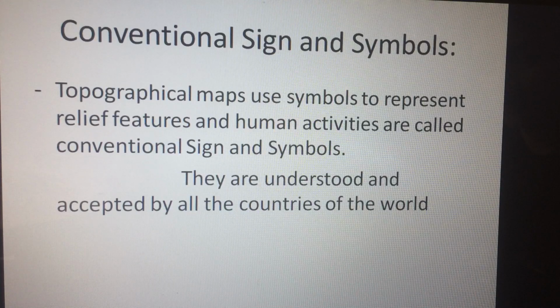Topographical maps use symbols to represent relief features and human activities, called conventional signs and symbols. They are simple to read. Many of the signs and symbols are standardized and used throughout the world. Some of the signs and symbols are as follows.